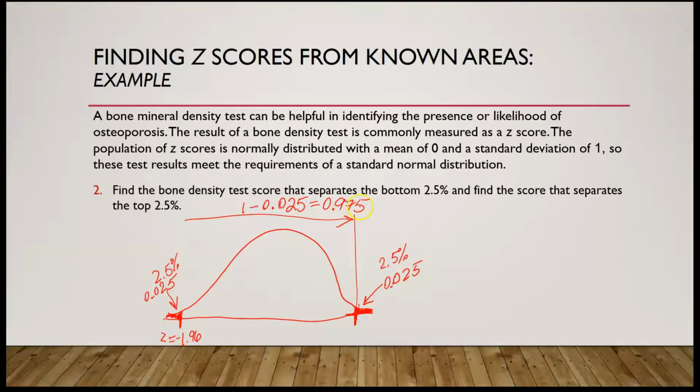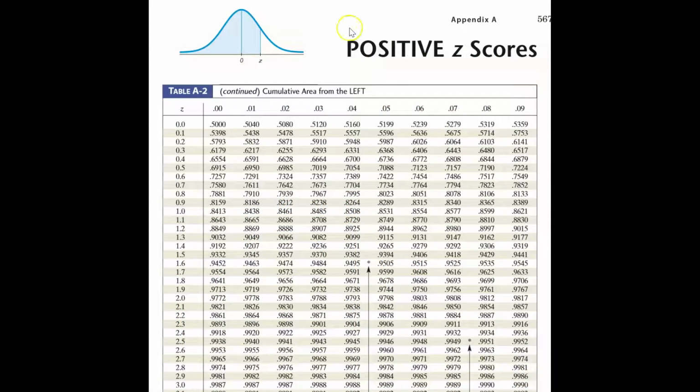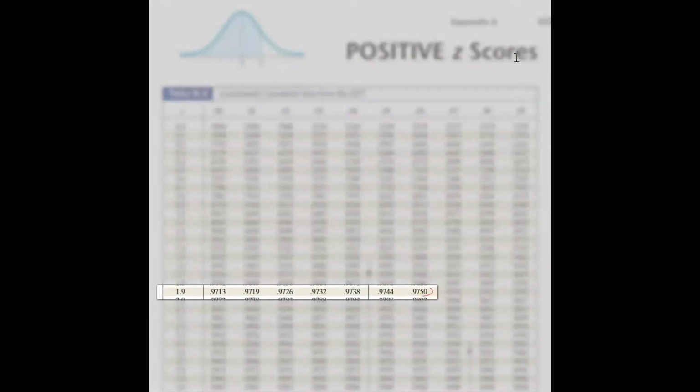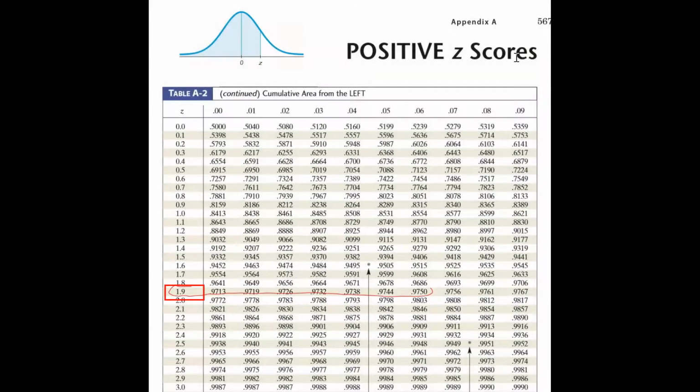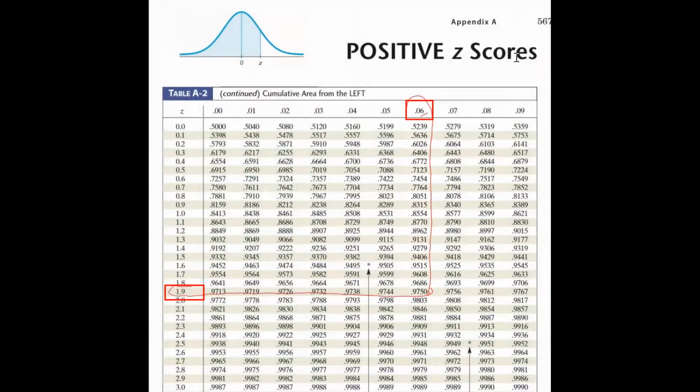So in Table A2, we'll search for the area 0.975 in the body of the table. The area of 0.975 to the left of the z-score will be located in the positive z-scores part in the middle of the table. 0.975 corresponds to the z-score of, first we go to the left to find the first two numbers of the z-score, 1.9, and then go up to find the second decimal, 6. 1.96 is the z-score that separates the left 0.975 of the area.